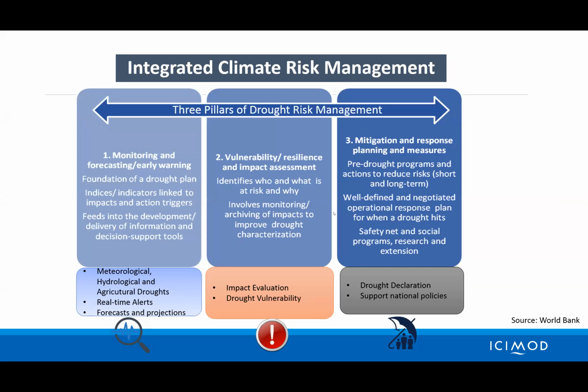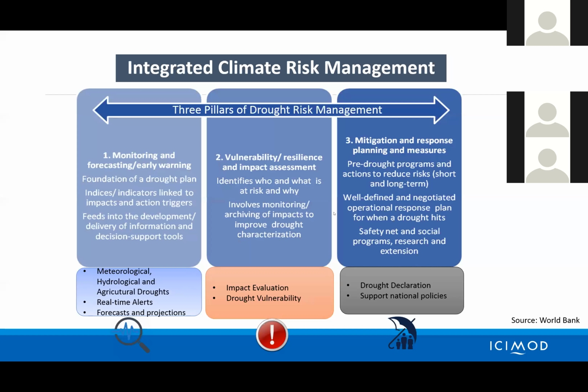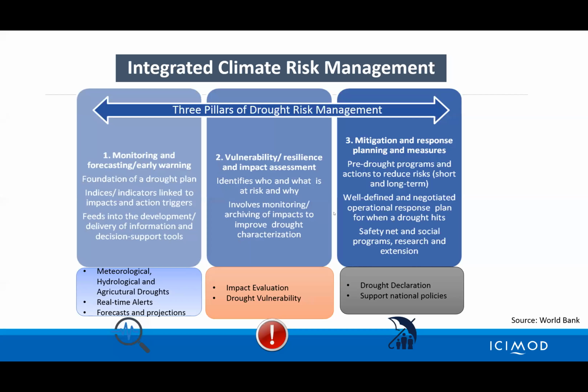Then third is mitigation response. So this is a broad sphere of activities. Today we will be mostly talking about monitoring systems, but we'll also touch in some way on resilience as well as mitigation response, with some examples where drought monitoring systems help in response planning, as well as looking at the resilience of the local systems.